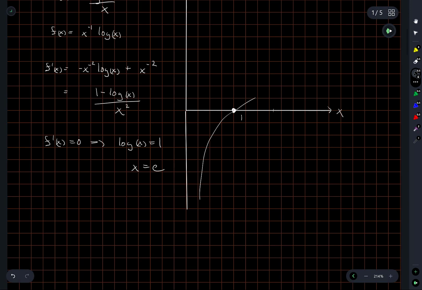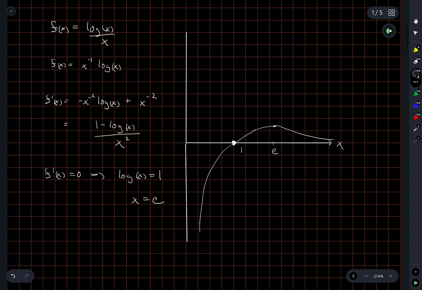So we have a point where it reaches the maximum at e, and then it comes back down and goes to 0. So if I draw a horizontal line anywhere, I'm going to get two different values of x where the value of the function f is the same.